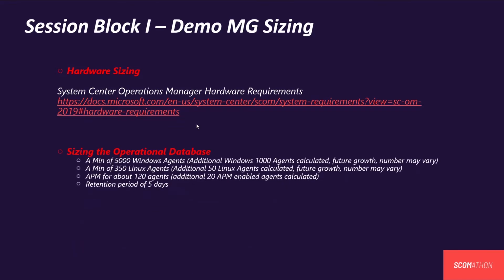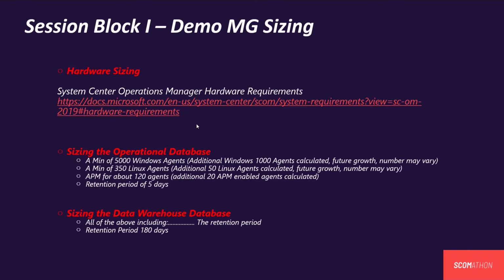And also what we need to consider is sizing the operational database and also the data warehouse. Here you will see that we do the sizing with additional number of agents. Like for example, I have 5,000 agents, but I plan for additional 1,000 agents in case my environment grows. So I have planned for growth and scalability.